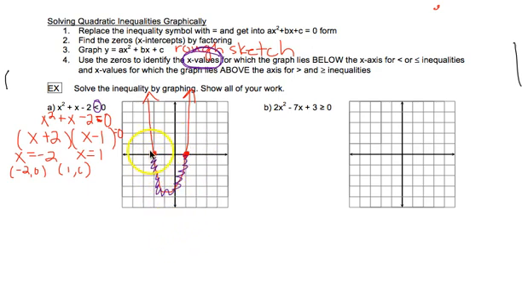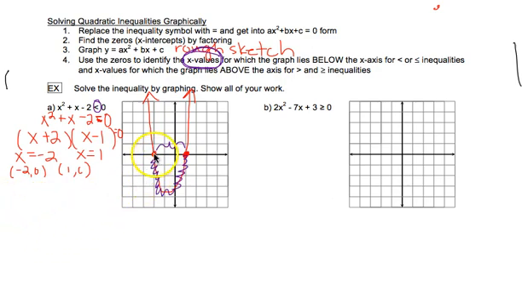Visually, that kind of shows us the y values. It's a little loop. What we need are the x values because those are going to be the answers. So the x values that give me this loop are the x's in here. These are going to be my answers because these x values give me this part of the graph that's below the axis.